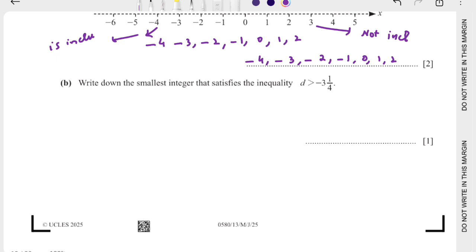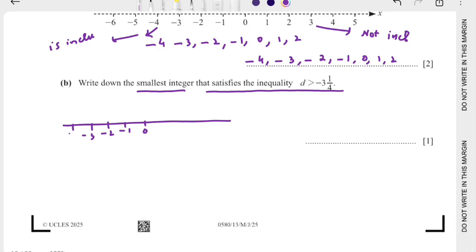Part B. Write down the smallest integer that satisfies the inequality d is greater than minus 3 whole number 1 over 4. So let us make a number line. 0, minus 1, minus 2, minus 3, minus 4, and 1, 2, 3 and 4.